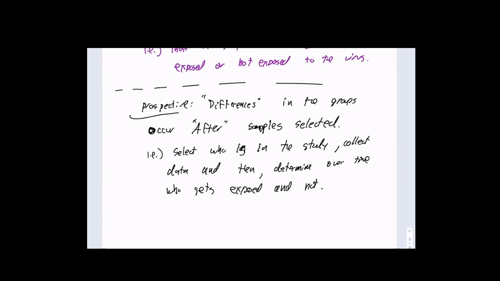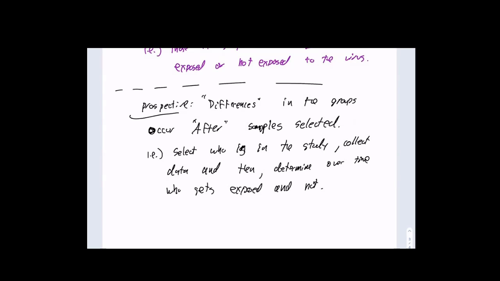And after I've already selected these people, then over time, I'm going to collect my data, and then I'm going to find out over the next 6 months who has been exposed and who has not been exposed. Okay, and I might do data in terms of whatever variable I'm trying to measure. It could be white blood cell counts, something like that. I don't know. I don't even know if that applies.